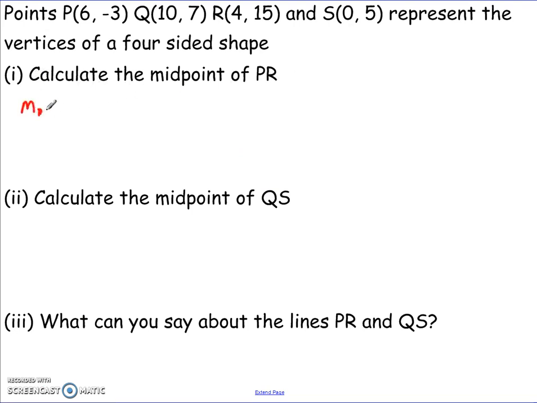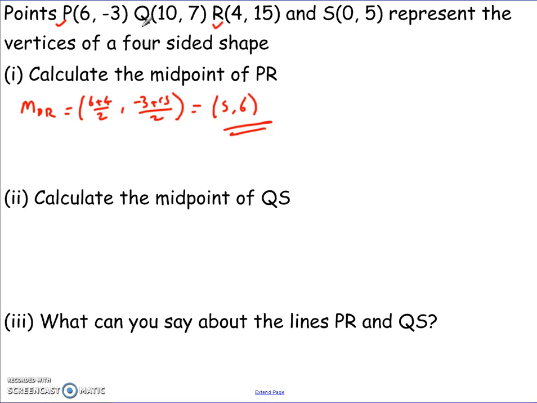So that's this point here and this point here. x1 plus x2 over 2, so 6 plus 4 divided by 2, and then negative 3 plus 15 over 2 gives me the y part. So 6 plus 4 is 10, 10 over 2 is 5, negative 3 plus 15 gives me 12, 12 over 2 is 6. So my midpoint of PR is 5, 6.